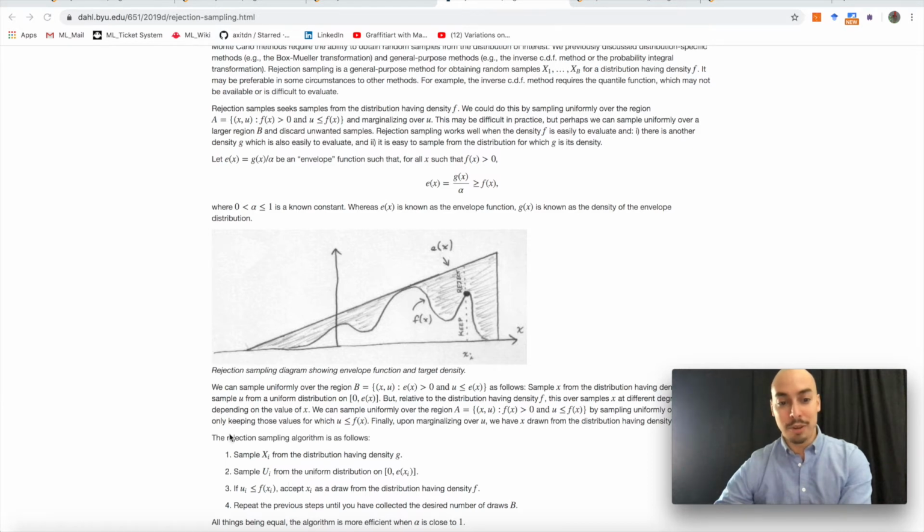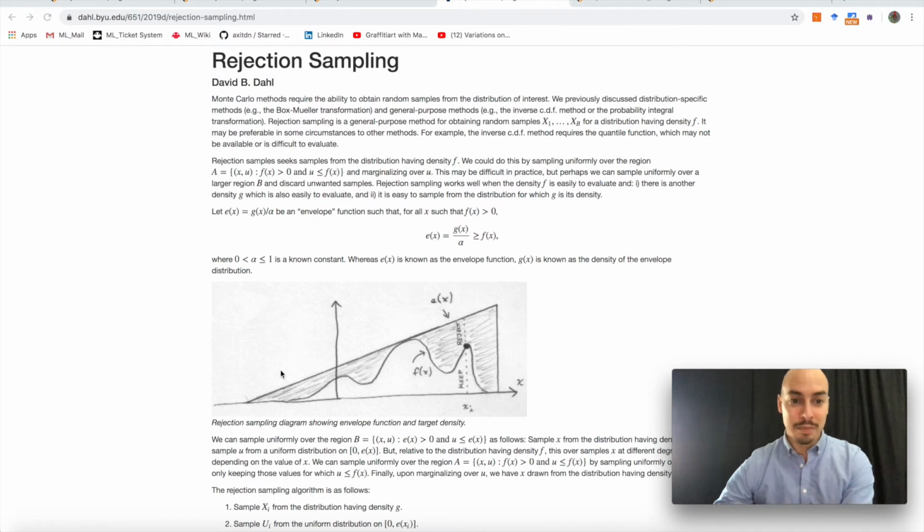And we're focusing on the algorithm. Nonetheless, it's a really good read, going through the math behind it.